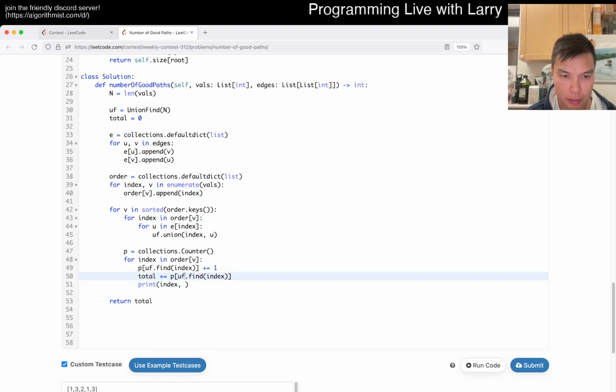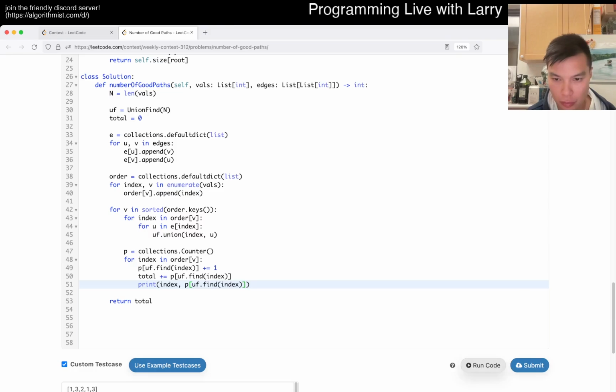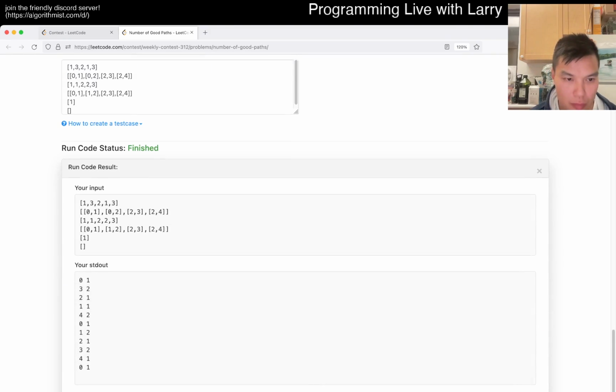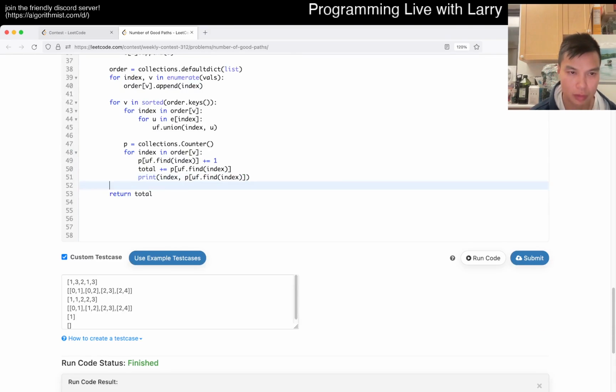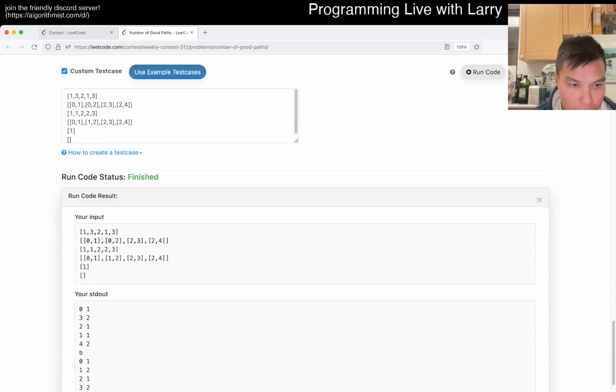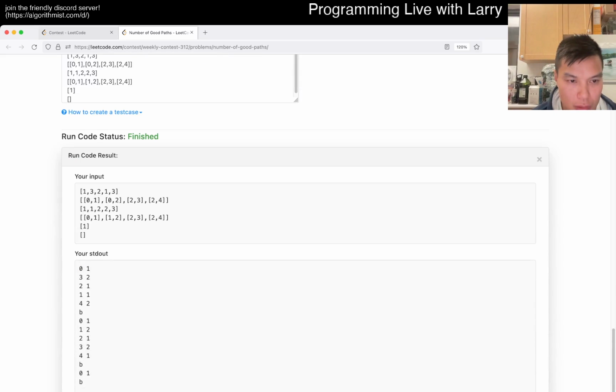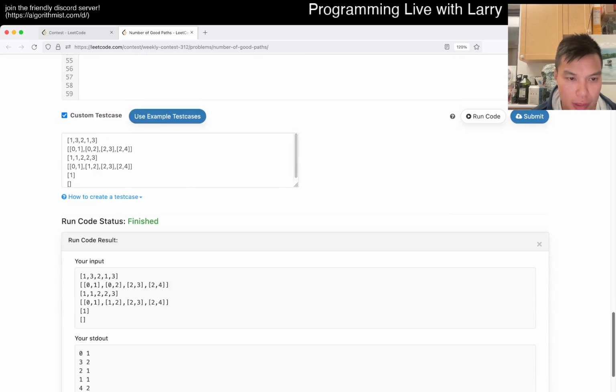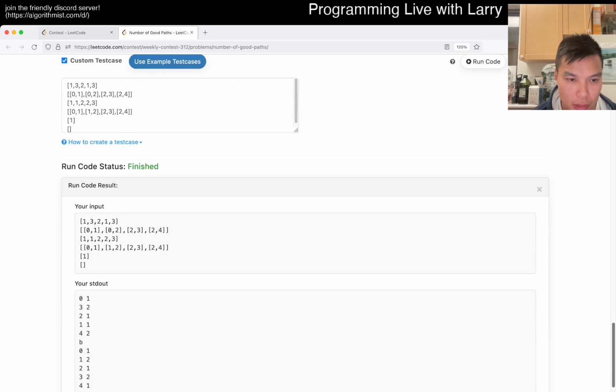Index and then okay, so 0, 1, so 3. Well, that's the index 3. That's the other one.